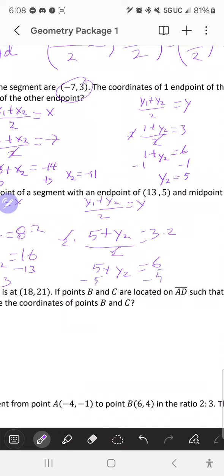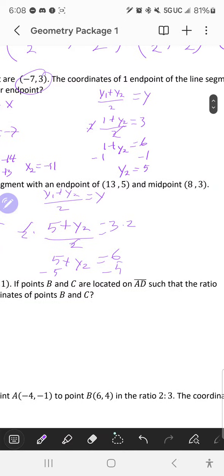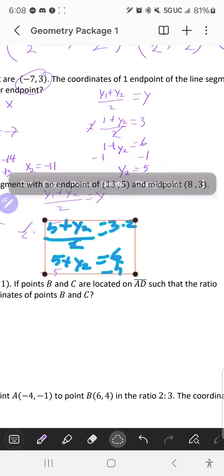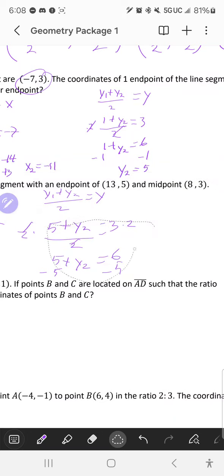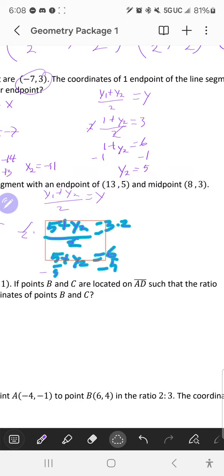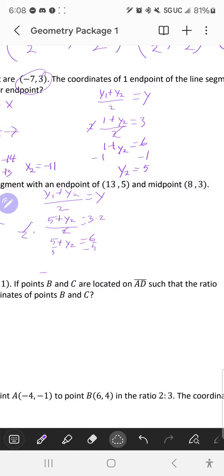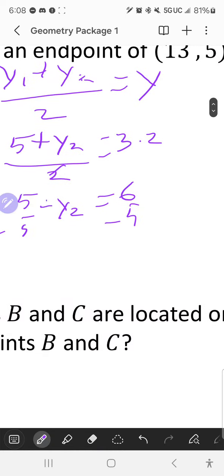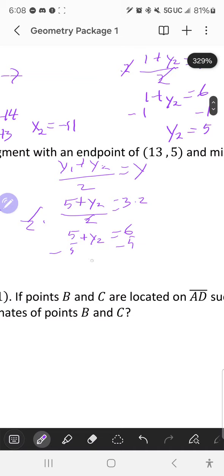I have 5 minus 5 is 0, and 6 minus 5 is 1. And this is a plus sign, I don't know why it looks like an X. So we get y2 equals 6 minus 5, which is 1.